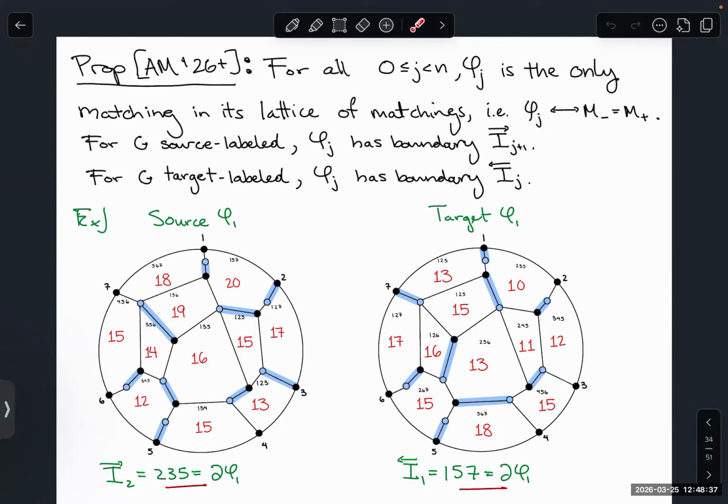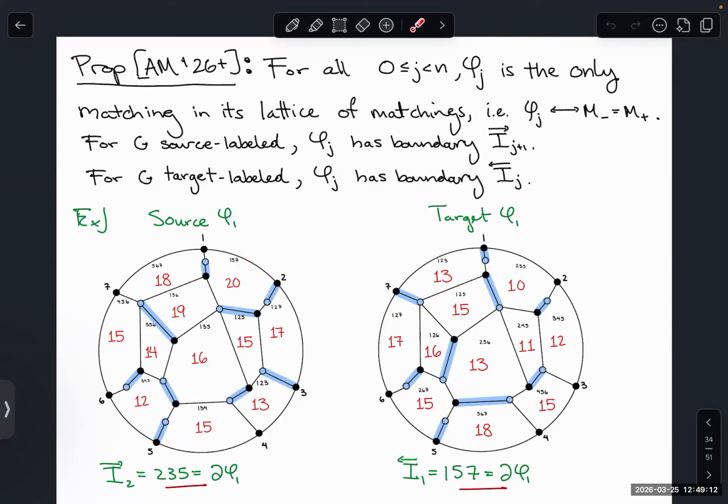In particular, one of the things I was throwing under the rug about the bijections between plabic graphs and reverse Grassmann necklaces is that source labeled plabic graphs have face labels coming from the reverse Grassmann necklace. So this guy lives over here as a face label, and that's a boundary condition over here, is the moral of what's going on.